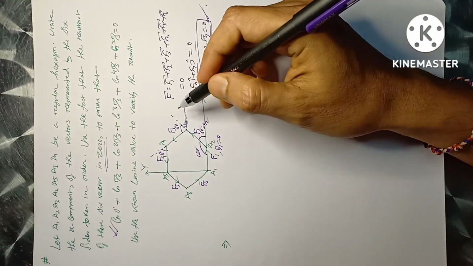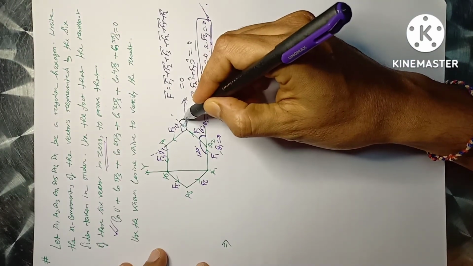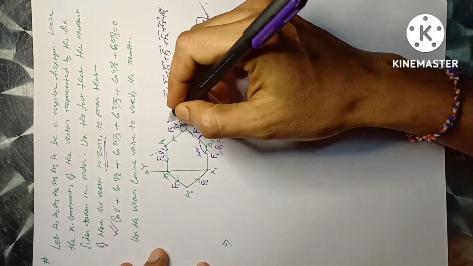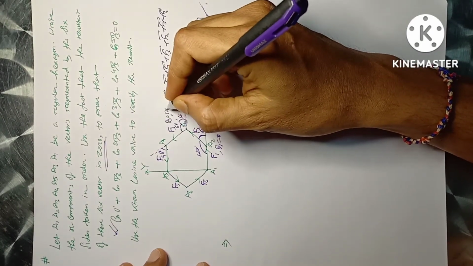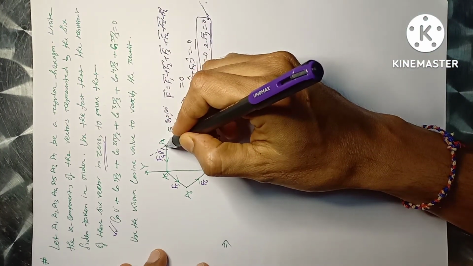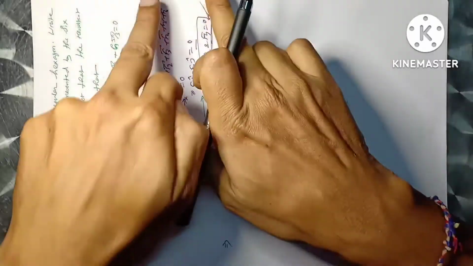So what will be the angle of f3? This is 60, then this is also 60. 60 plus 60 is 120 degrees, so theta 3 is 120 degrees. Similarly, we can write along this direction, the x-axis.